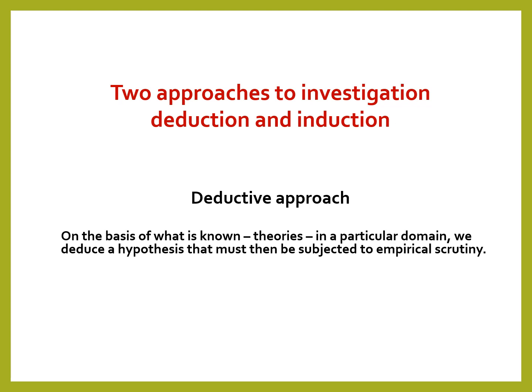The deductive approach starts from what we know, given theories about social life, and then given a particular question of interest that we want to investigate, we try to deduce a hypothesis that will be tested in the research itself. That is, whatever we are claiming in that hypothesis will be subjected to empirical scrutiny.